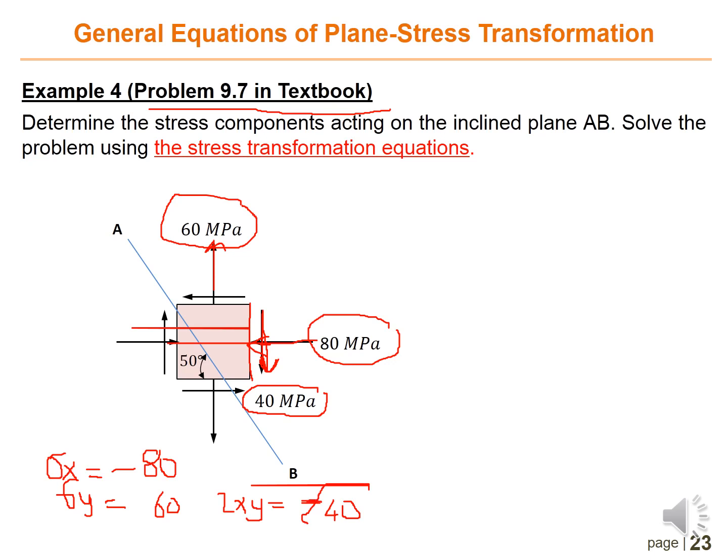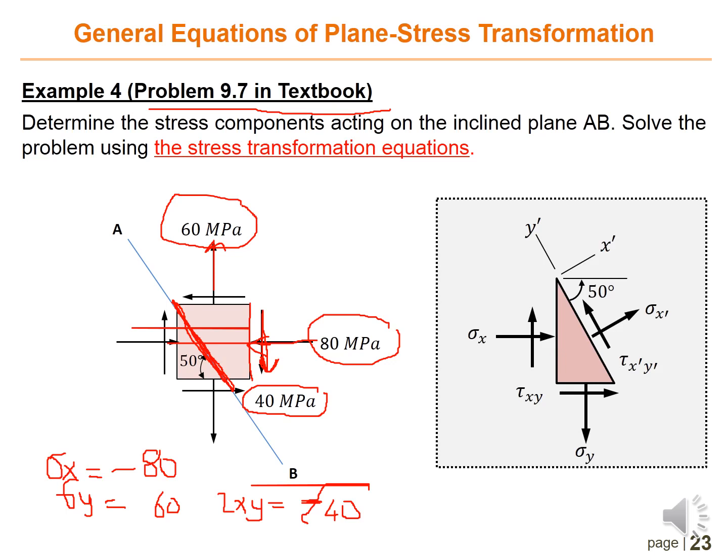You have to determine the stress components when it is cut at section AB, or the stress components acting on this plane AB. So you have to draw the free body diagram like this.